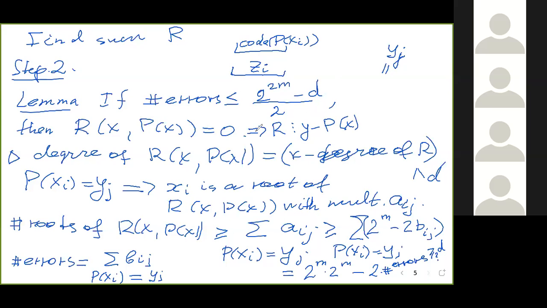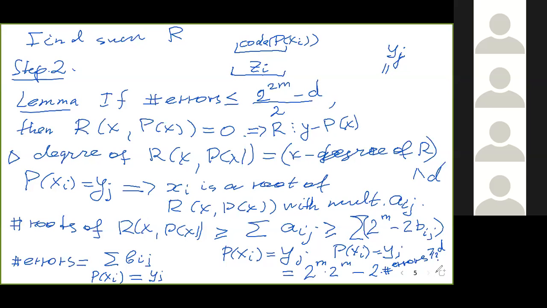And so once we have R, we can factor it using an efficient factoring algorithm and just single out all the factors of this type. These are irreducible factors. And the number of such factors will be at most the degree of R in y variable, which is at most d over k.